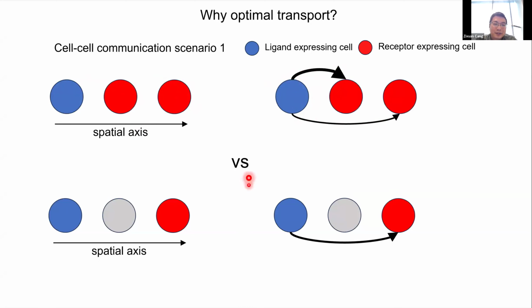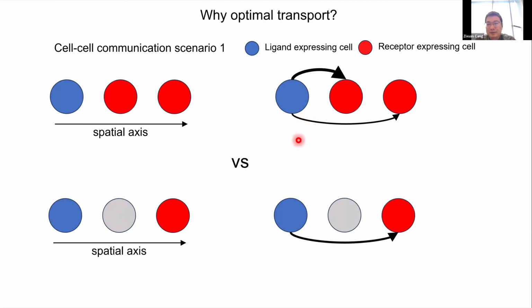Right? And versus the second case, if the cell in the middle does not express any receptor, then we desire a connection here whose weight is between this higher weight edge and this lower weight edge in the first case.